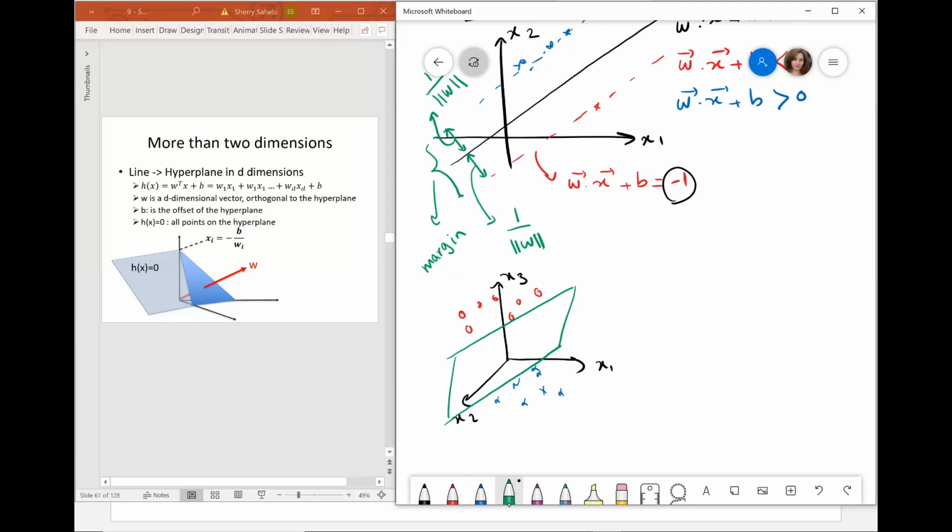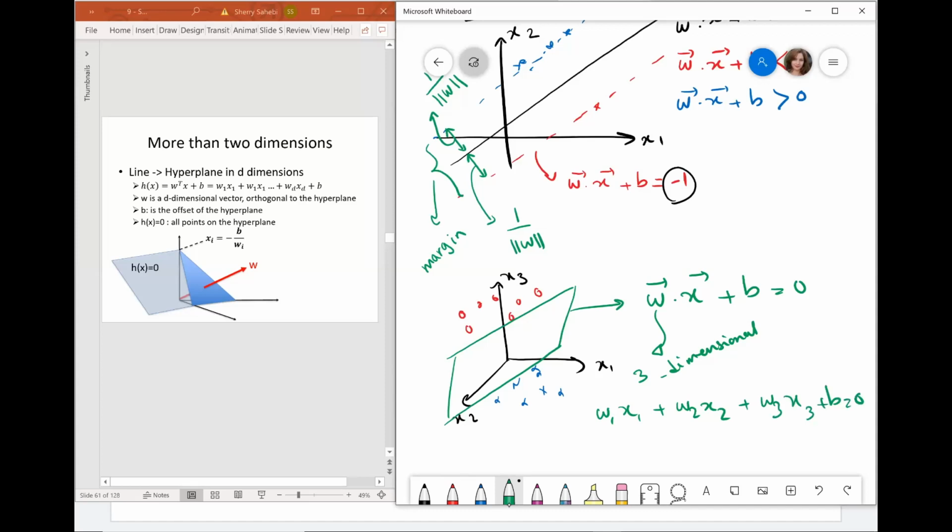So we are going to have a hyperplane in the d-dimensional space. So we can again represent this hyperplane with a similar kind of equation. We have wx plus b is equal to 0, but this time our w is three-dimensional. So we have w1 x1 plus w2 x2 plus w3 x3 plus b is equal to 0.